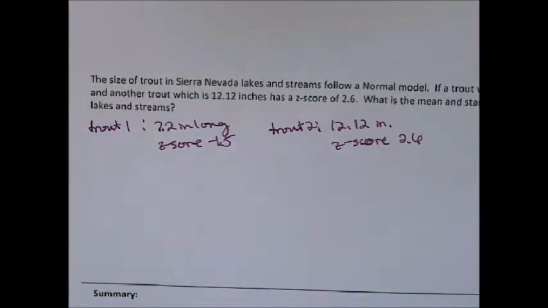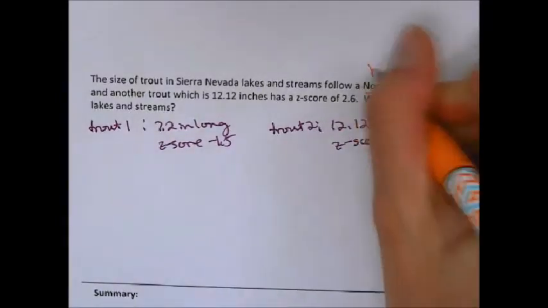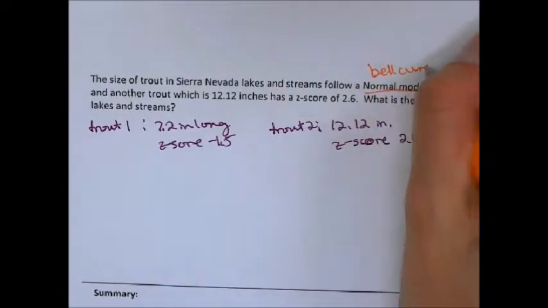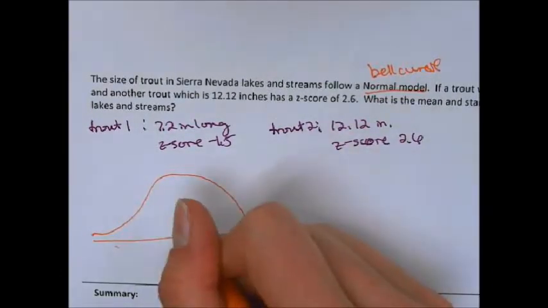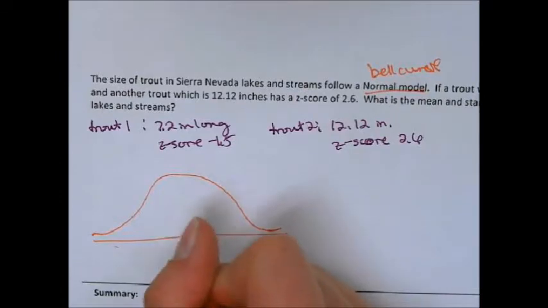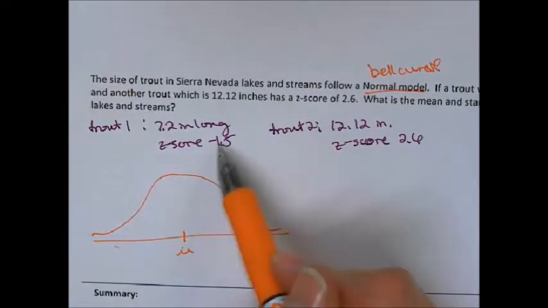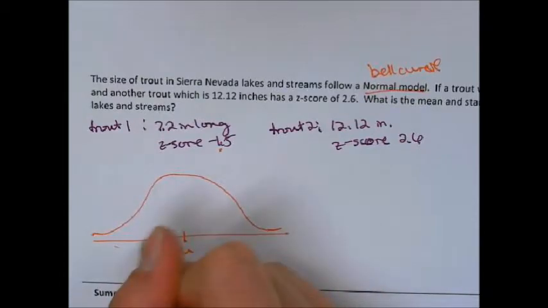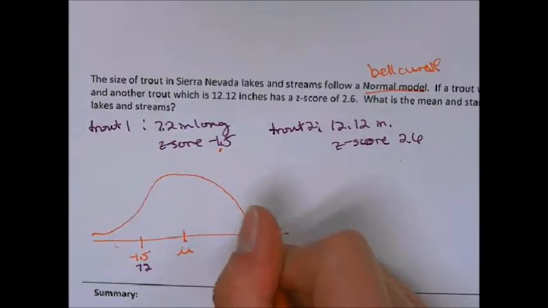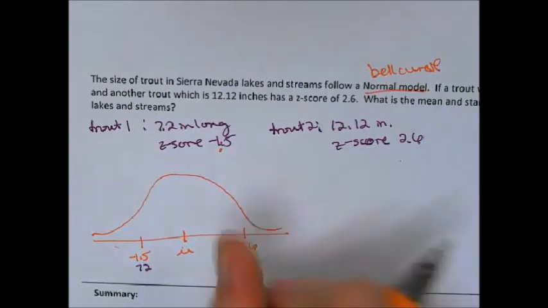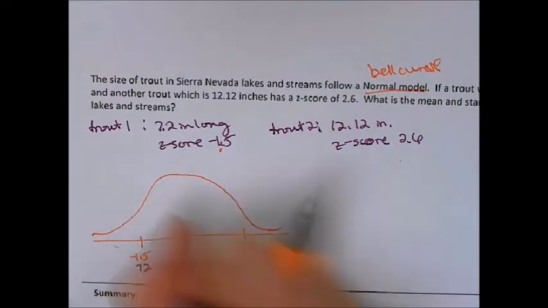What is the mean and standard deviation? Since they're telling us that it's a normal model, we know that we can use a bell curve. We're going to say that's where my mean is. This one is negative 1.5 away, and that data point is 7.2. This one's 2.6 away, and that's 12.12.